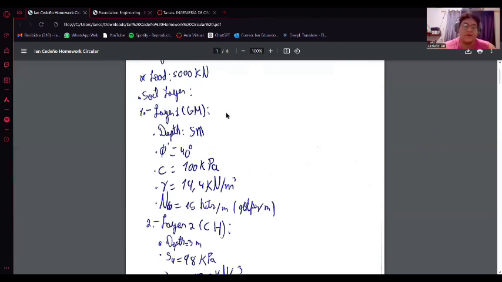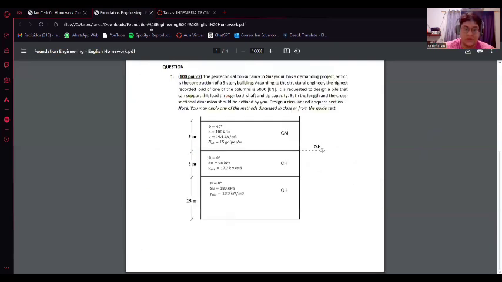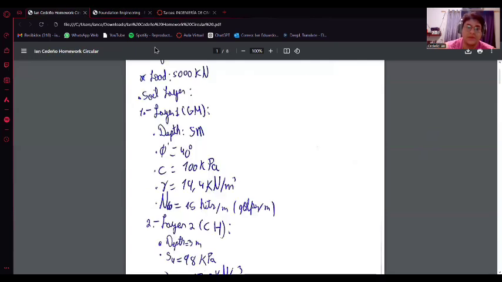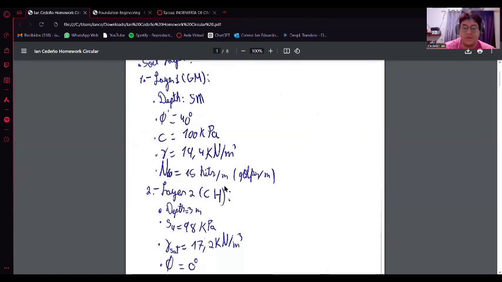The first soil layer has a depth of 5 meters, an angle of 40 degrees, and a cohesion C, which we'll discuss next, of 100 kilopascals. The unit weight is 19.4 kilonewtons per cubic meter, and for this layer we have 15 hits per meter.